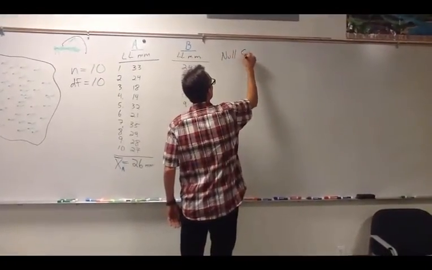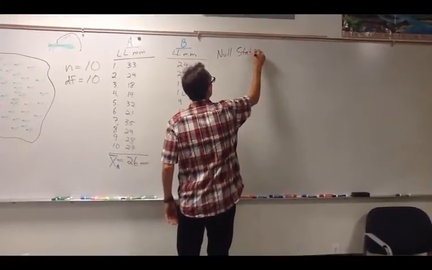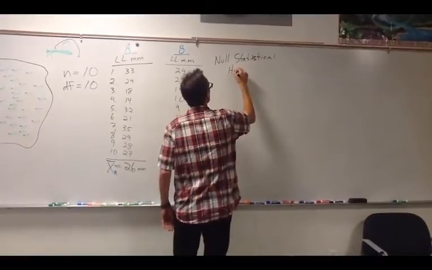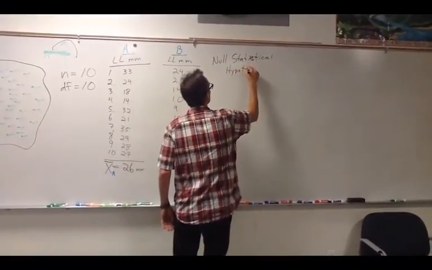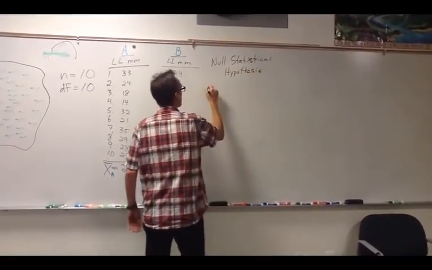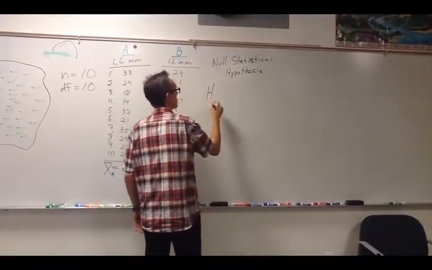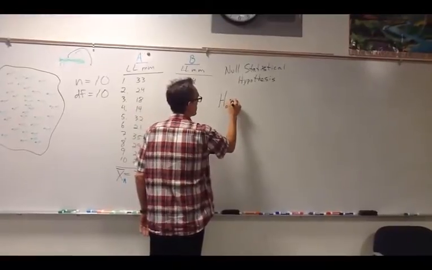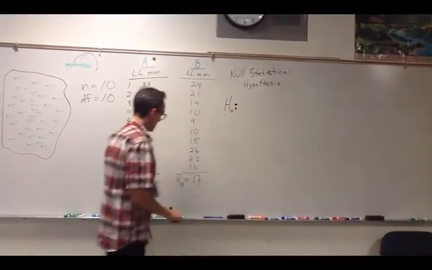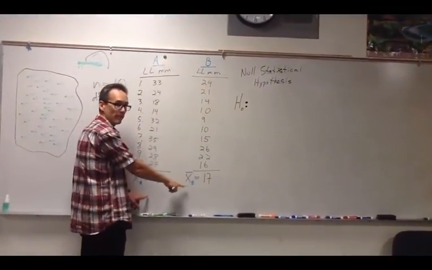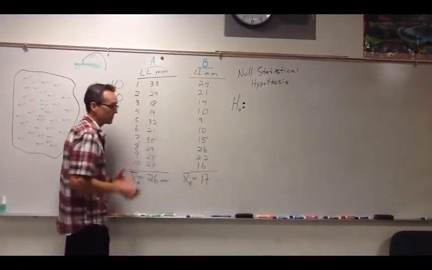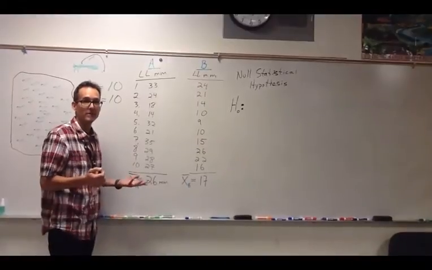Null statistical hypothesis. And the symbol we use is H for hypothesis, sub 0 for null. So in this case, we observe that the means are different, 26 and 17, but we could have gotten this difference by accident, and it really is the case that the means are the same.